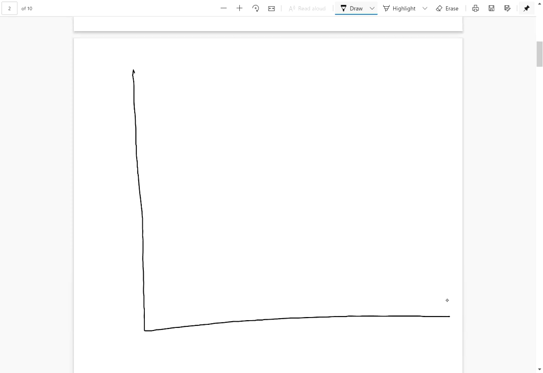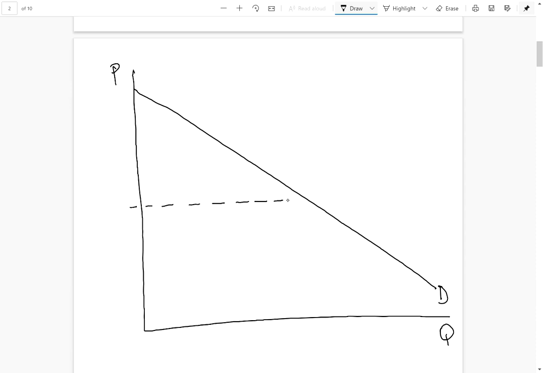So we have this graph here. We have price, quantity, and we have our demand curve. Now, let's assume that in this market, price is set at $25. And here, this intercept here is 50.